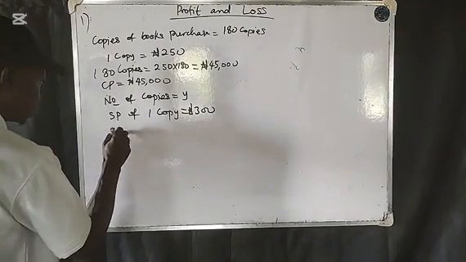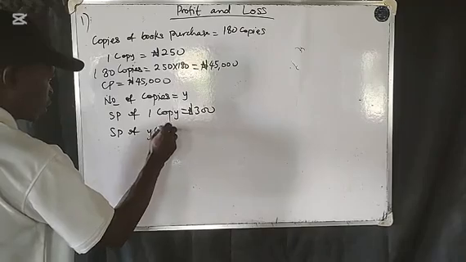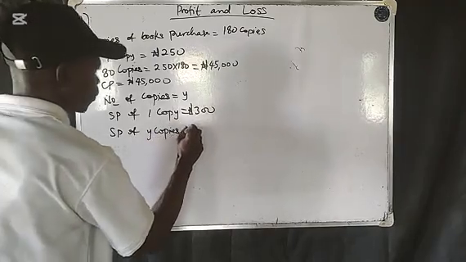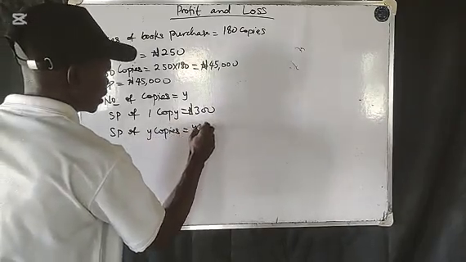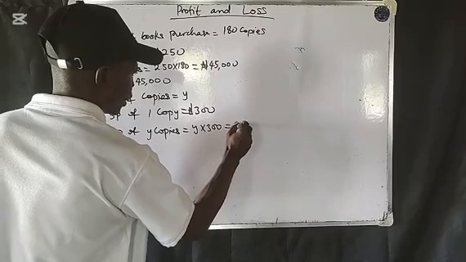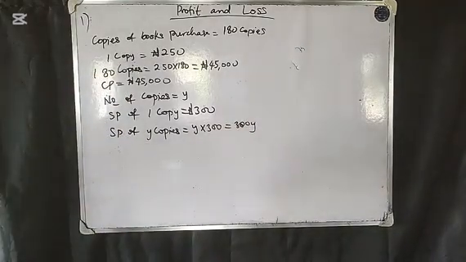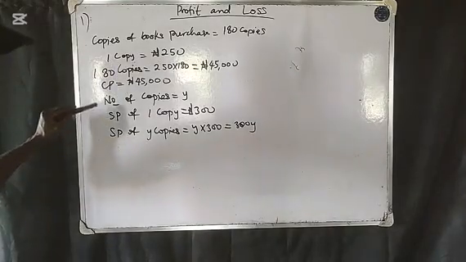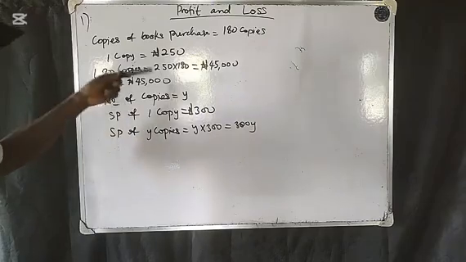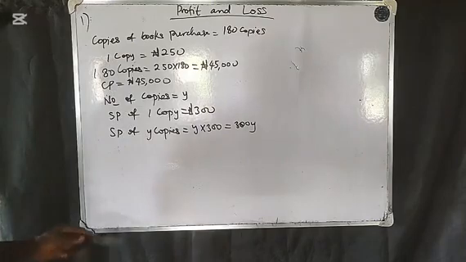Then selling price of Y copies equals Y times 300, making 300Y. All right, this is the selling price because he sold Y copies at 300 naira each, right? So give me the rest figure.